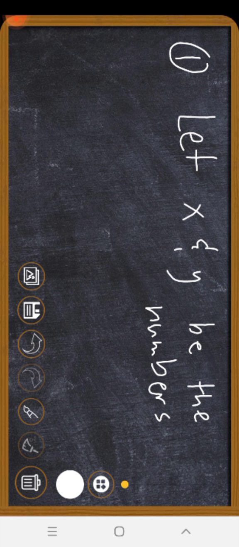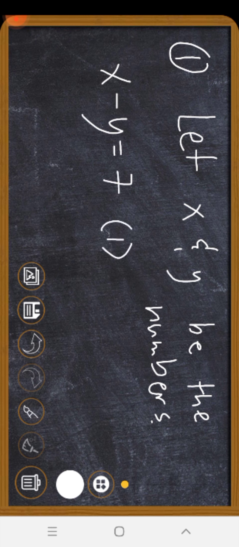Okay, so we are looking now for x and y. So the first equation, we have x minus y is 7, and that will be our first equation. And our second equation would be x times y is 98. That's our second equation.